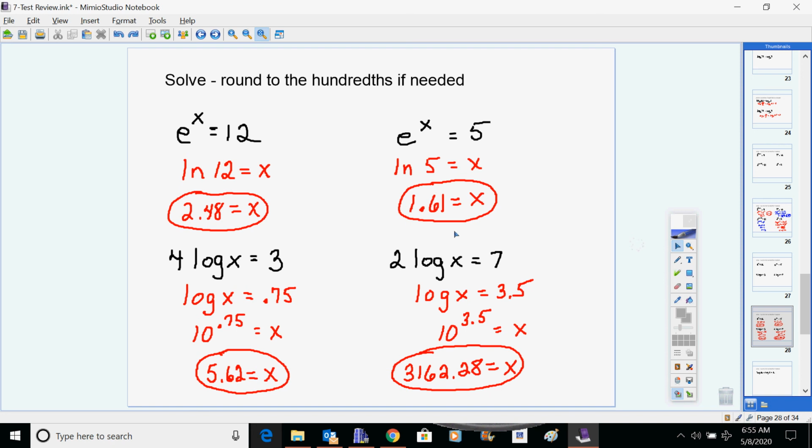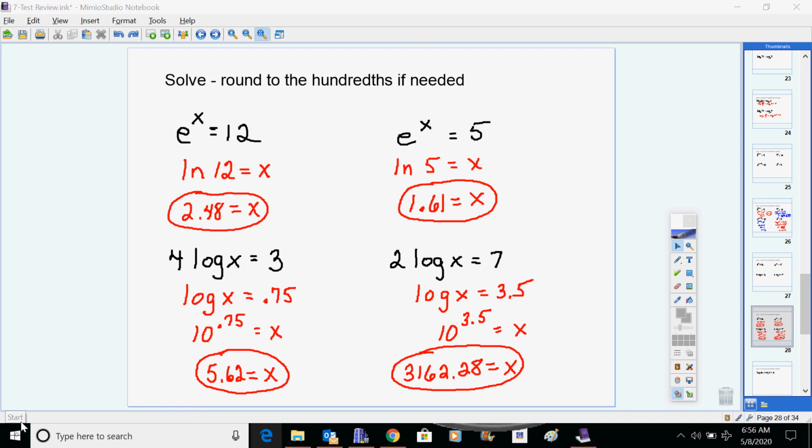Natural log of 5. For this one, same reason, because it's log base e of 5 equals x. This one, you have to bring this over by dividing both sides, so that you can then use your definition of logarithms, 10 to the third power, or 10 to the 3/4 power, and then put that directly in your calculator, 10 to the 3/4 power.